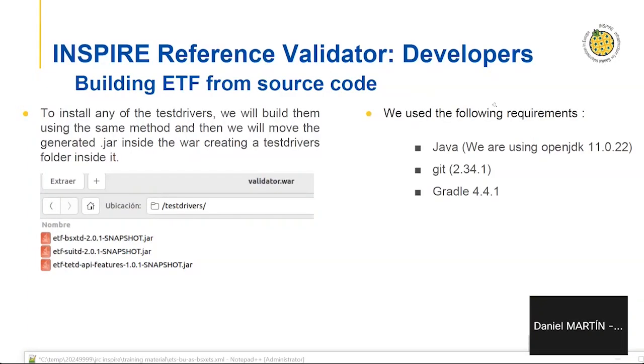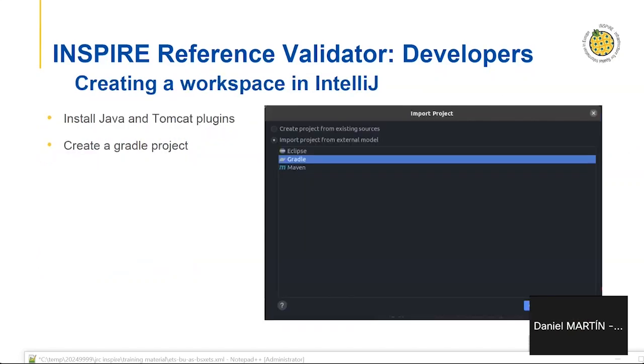We are starting to make it more complex. We are following an incremental approach in complexity, depending on where you are more comfortable or what your needs are. We have started by downloading and deploying the ETF in a Jetty server as it is. You only have to touch configuration parameters.